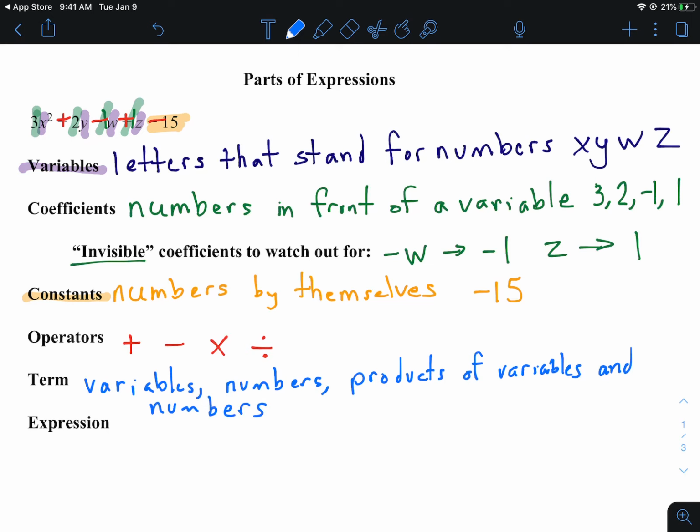So our terms in this expression, I'm going to underline them. 3x squared is a term, 2y, this -1w, this +1z, and this -15. Those are our 5 terms.